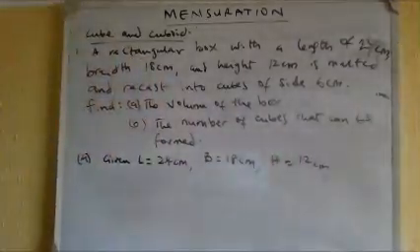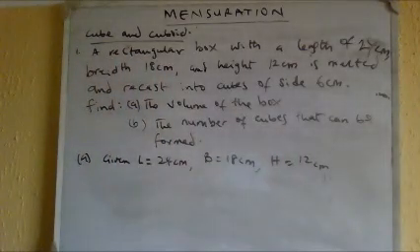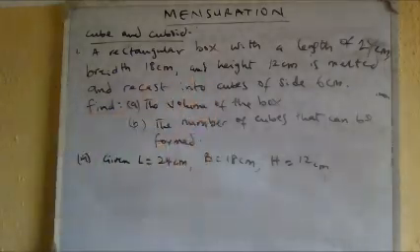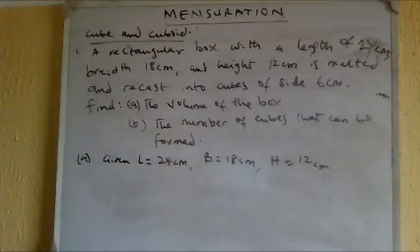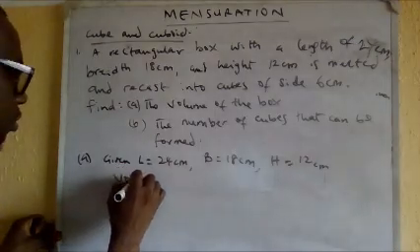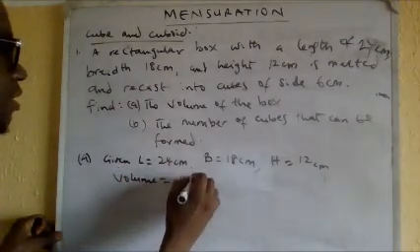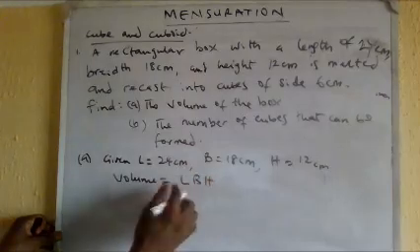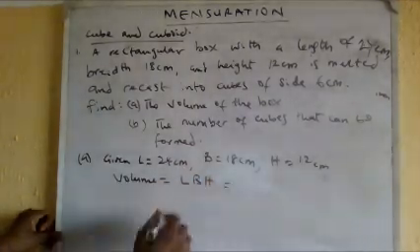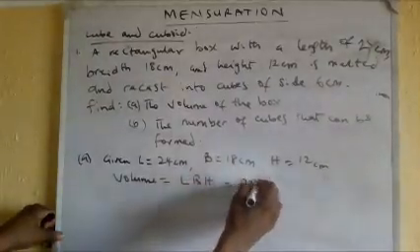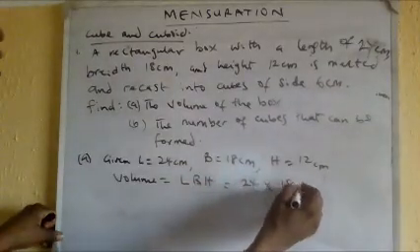Now we can get the volume of the box. That one is not difficult. Volume is given as LBH, length times breadth times height. So just plug in what you have here, 24 times 18 times 12.